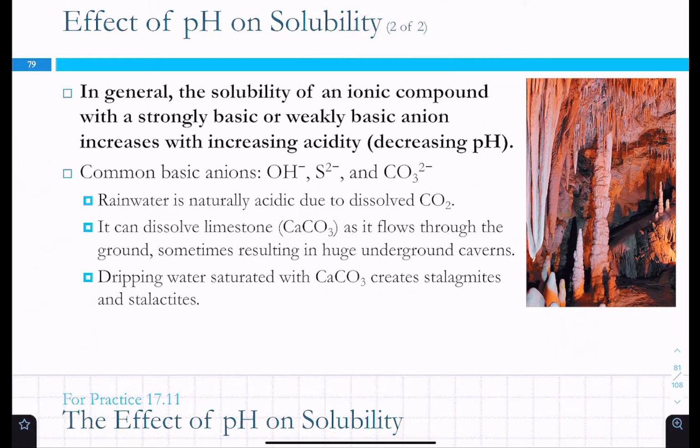So we've talked about acid rain. Rainwater is naturally acidic because it has dissolved CO2 in it, and that can dissolve limestone. Then as that acidic water is flowing through the ground, it will get into underground caverns. Then that dripping water, when it's saturated with all that calcium carbonate, will deposit that calcium carbonate into stalactites and stalagmites, which is kind of neat.